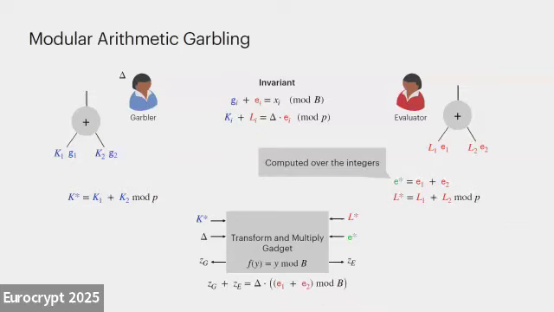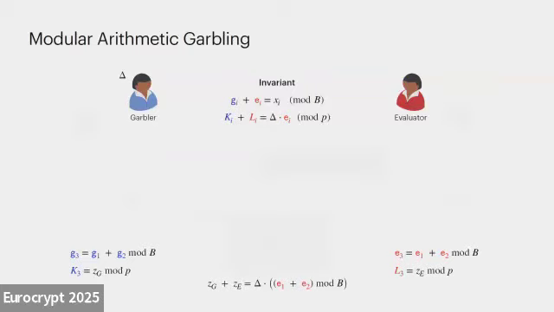Good. So the garbler gets ZG and the evaluator gets ZE, where they are shares of delta times E1 plus E2 mod B. Now the garbler and evaluator just sum the actual shares of the secret mod B, and then they compute their labels and keys as the shares output by the transform and multiply gadget mod P. Let me quickly argue why this satisfies the invariant.